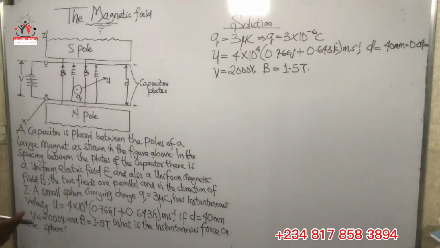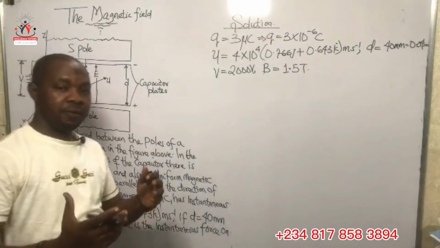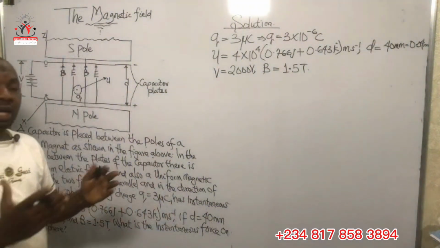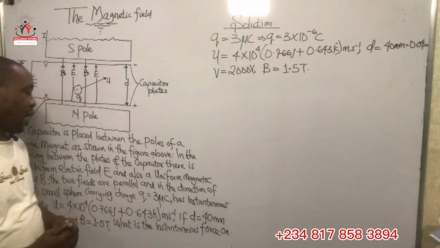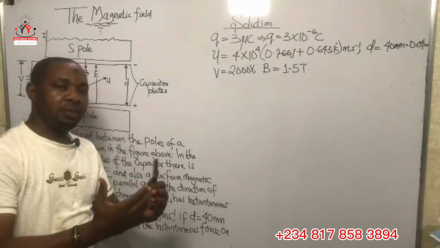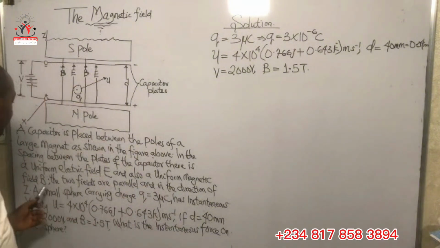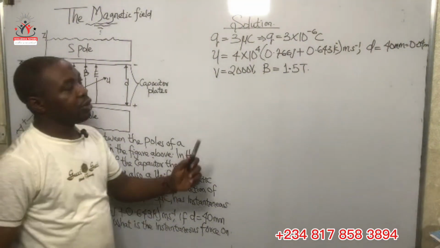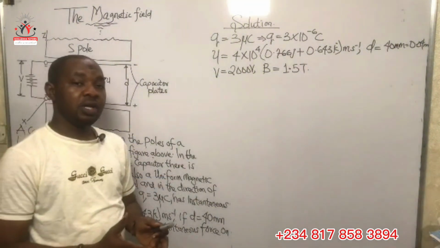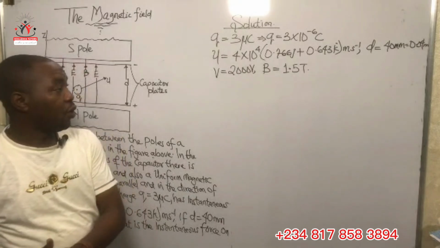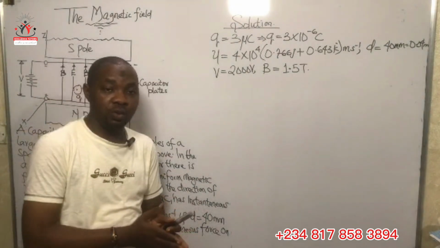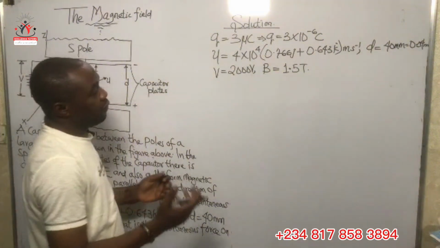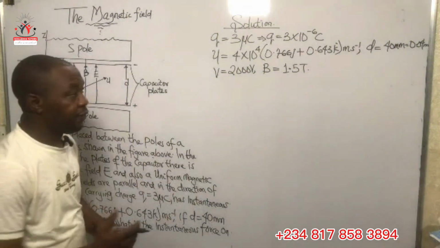Now, because we are given that the electric field and the magnetic field are uniform and both in the direction of Z, that means we're going to consider the unit vector in the direction of Z for both the electric field vector and the magnetic field vector. But first, what is our electric field vector?